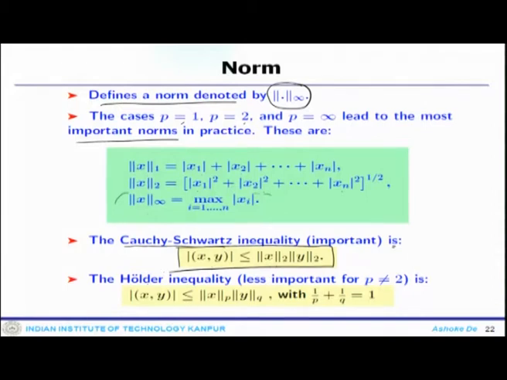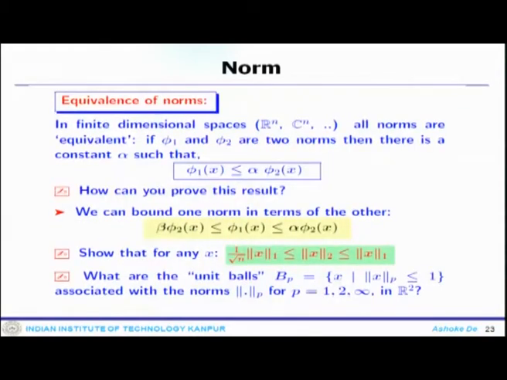Similarly, the Holder inequality, which is not that important, for p not equal to 2, says the modulus of the inner product of x and y is less than or equal to the p norm of x times the q norm of y, with the condition 1 by p plus 1 by q equals 1. So, that is another property that can be used for the linear system.